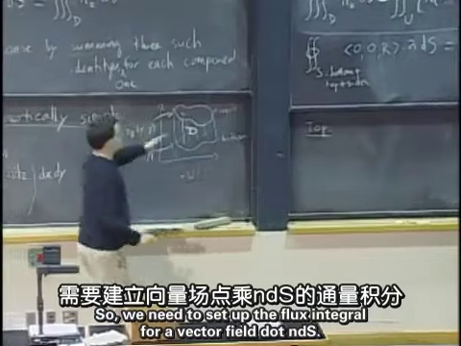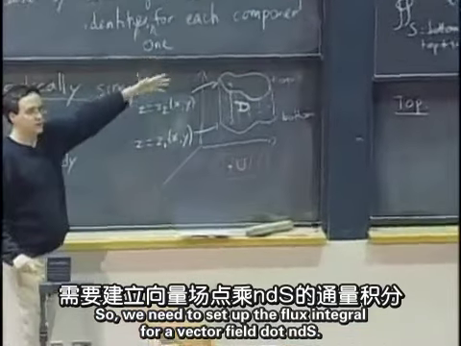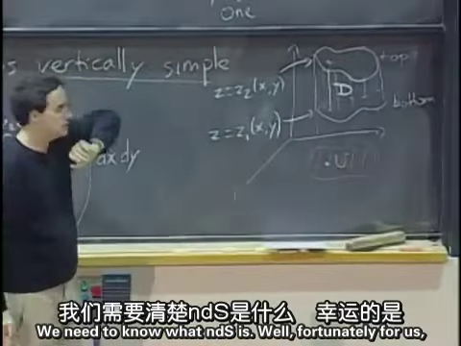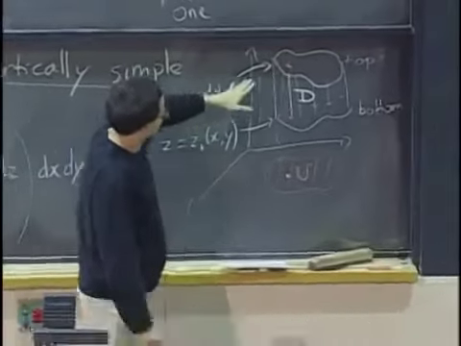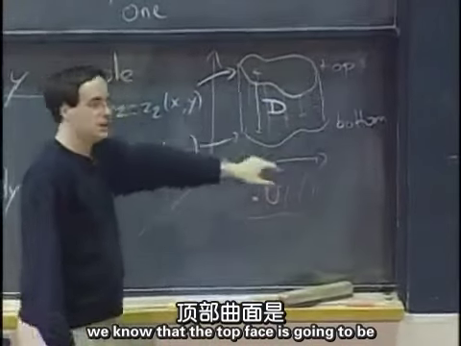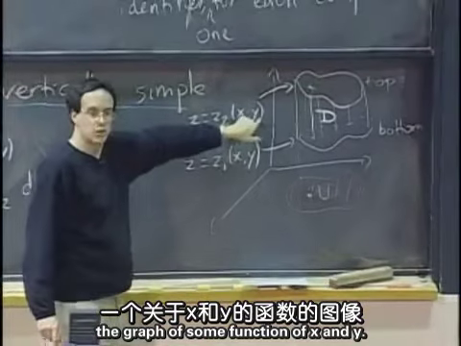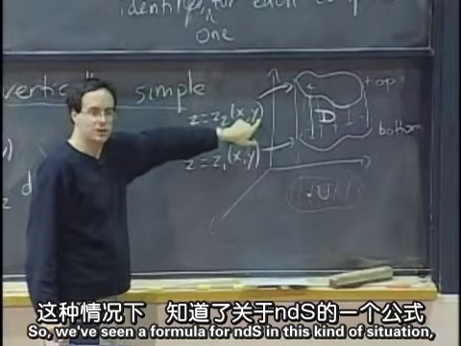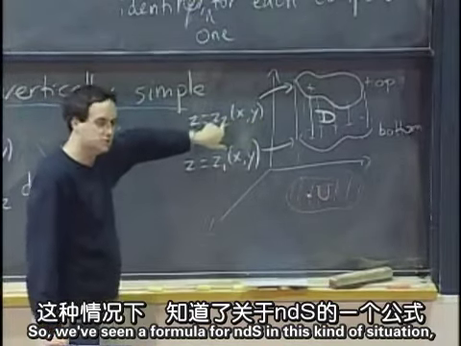So we need to set up the flux integral for vector field dot n dS. We need to know what n dS is. Fortunately for us, we know that the top face is going to be the graph of some function of x and y. So we've seen a formula for n dS in this kind of situation.